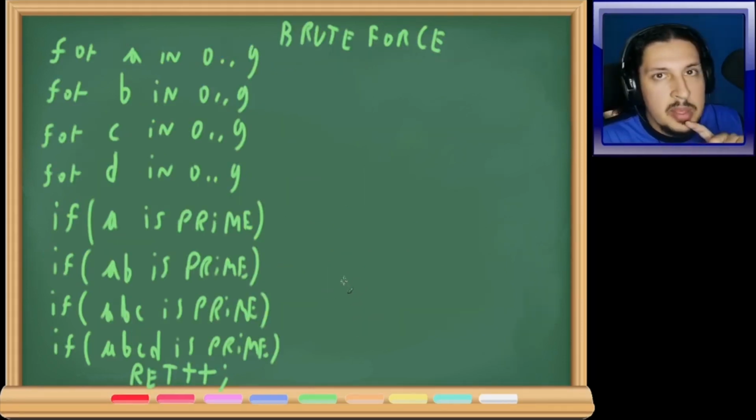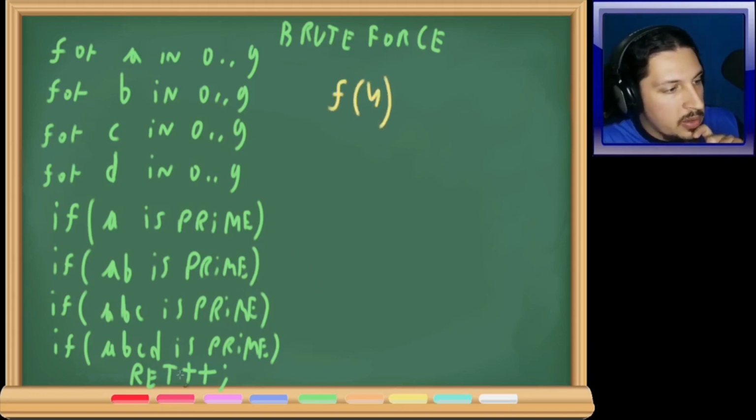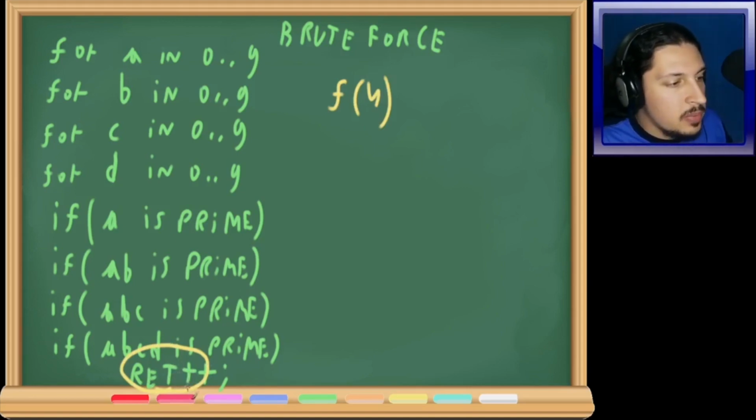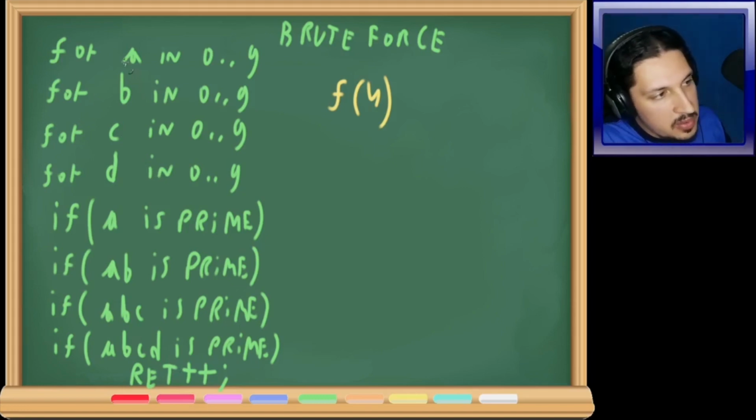Now, this would be a brute force algorithm to calculate f of 4. We can initialize a counting variable to 0, and then we just generate all the possible values of each digit, A, B, C, and D, check whether all the required numbers are prime, and if all of them are, we add to the total.